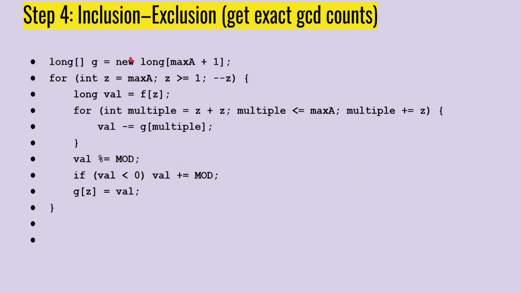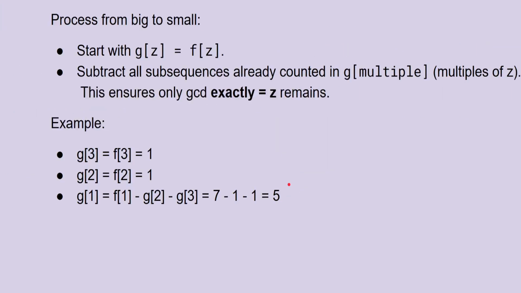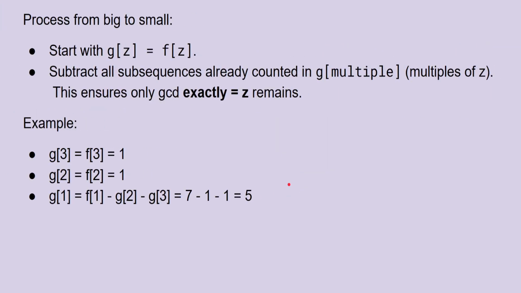Now we will use inclusion and exclusion, so we'll get the exact GCD counts. We iterate over this and we'll get the GCD. We know how to count the GCD. Then we'll process from big to small, starting with z and f of z.